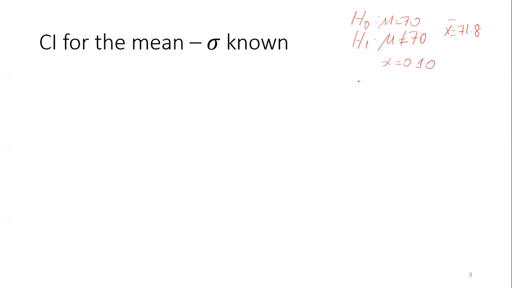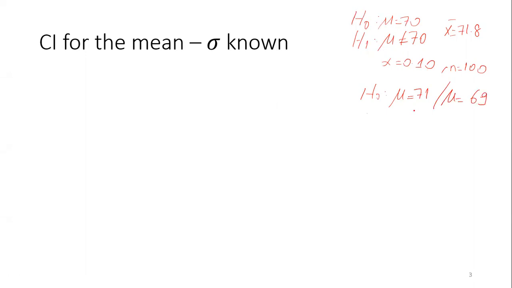So what happens if, with exactly the same setting, the same x bar, same alpha and same n, of course n is equal to 100, we just test whether mu is equal to 71 or not? Or just test whether mu is equal to 69 or not, okay?